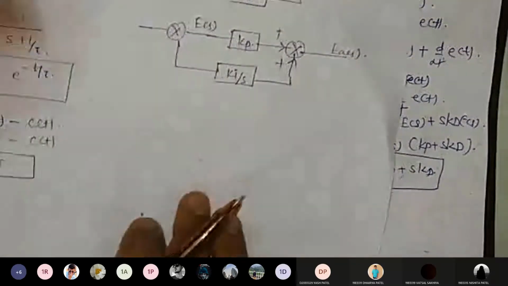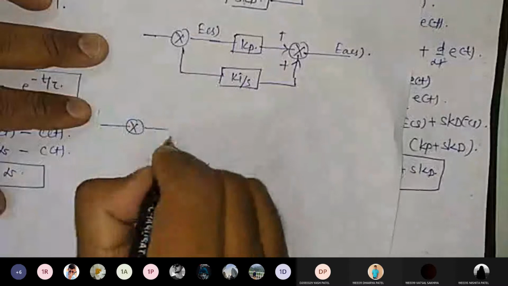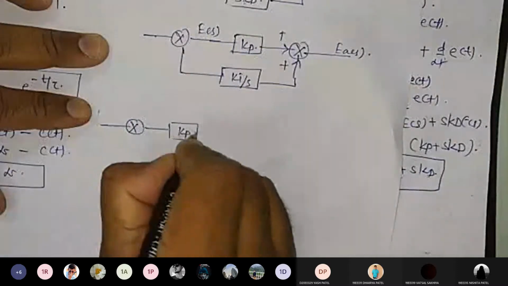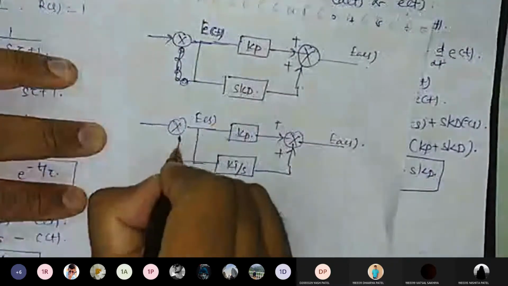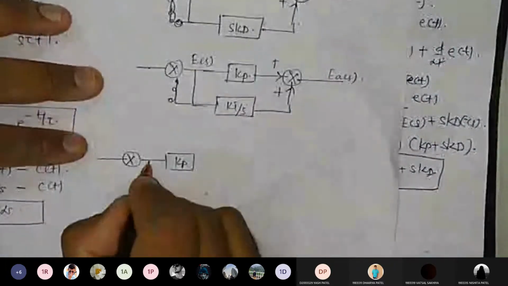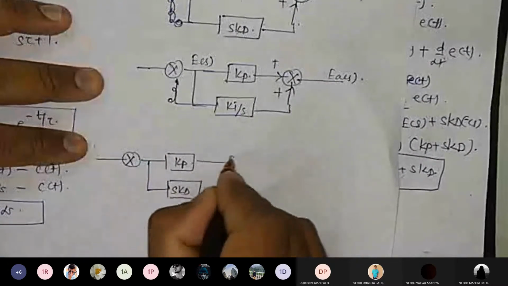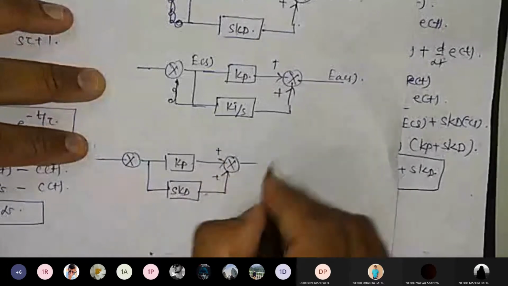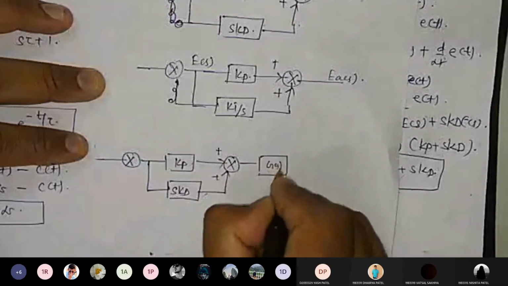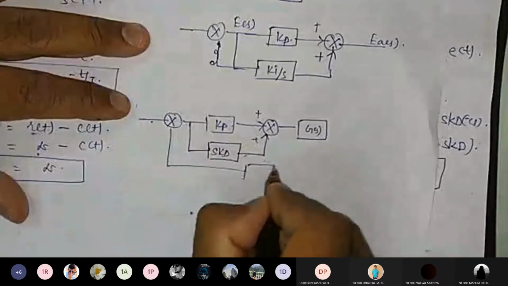So if I have to draw again, I can draw like this. Kp will come from here, sorry, it is my mistake in drawing. It will be Kp, sKd, and we will be having this term plus G of s and H of s is over here.